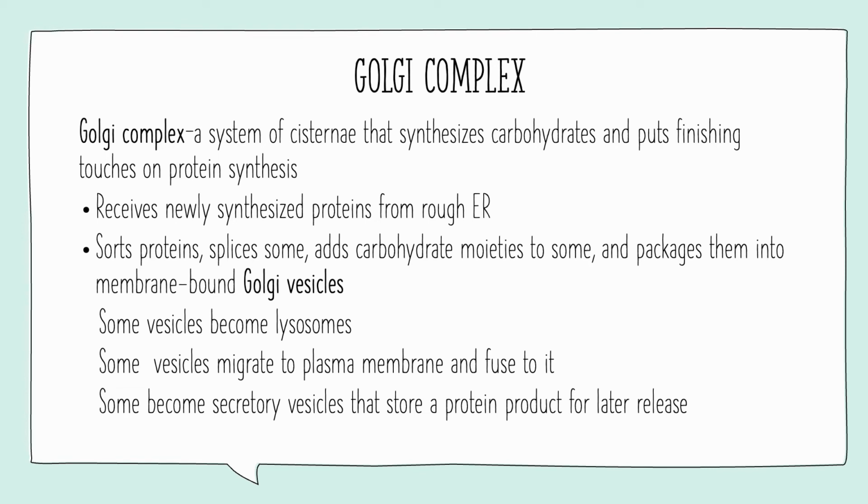It adds carbohydrate. It packages them into a membrane. It makes them for what it's needed for. It kind of adds the finishing touches, like it was said. Some vesicles turn into lysosomes. Some migrate to the plasma membrane and fuse to it. Some become secretory vesicles that store protein and product for later release.